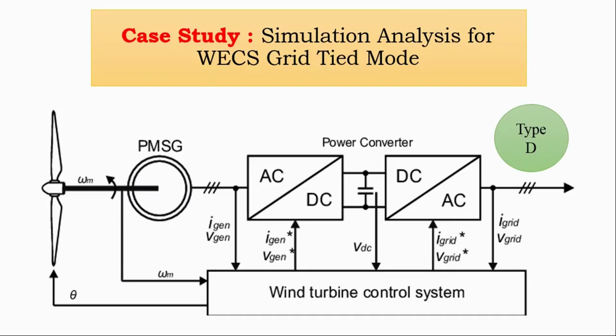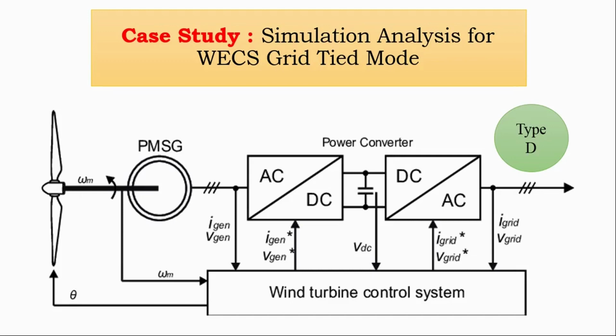However, if you have gone through a number of articles, you might know that we have type A, type B, type C, and type D systems. In type A, usually we have the induction generator based wind energy conversion system. In type B, we have the wound rotor synchronous generator based wind energy conversion system.